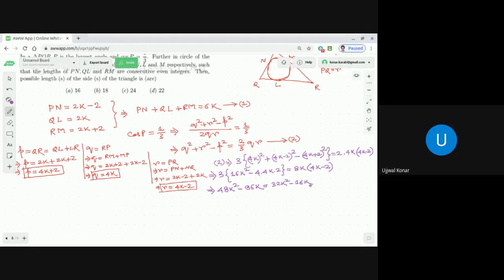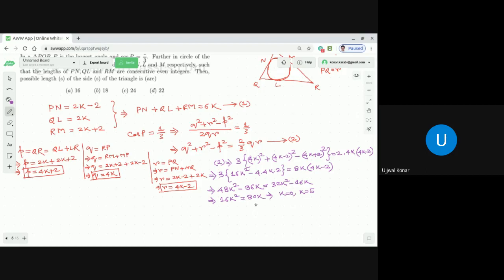So from here we get, dear students, 16K square is equal to 80K. So this implies K could be either 0 or K could be 5. But K cannot be equal to 0.